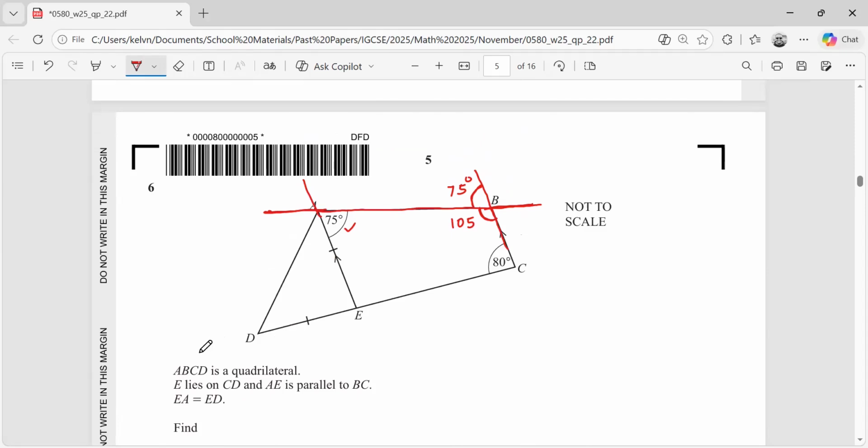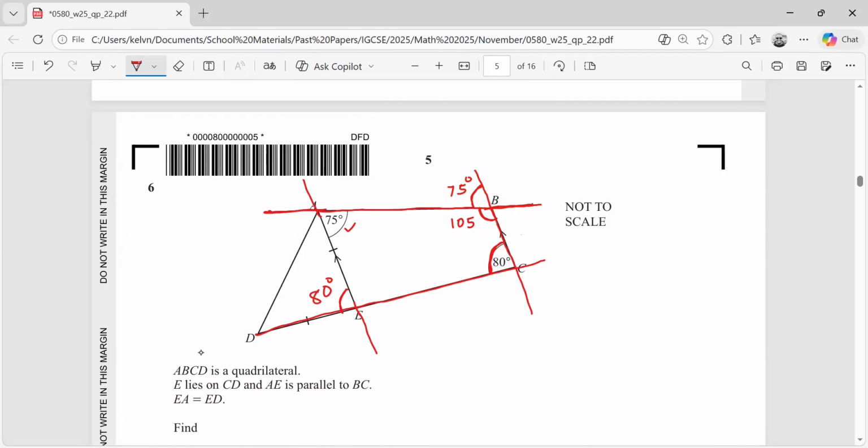AED. Again, we have two parallel lines. If I extend this a little bit like that, now we have what we call a corresponding angle. This angle is equal to this one, because remember our transversal line is this one here. So this angle here is also going to be 80 degrees.